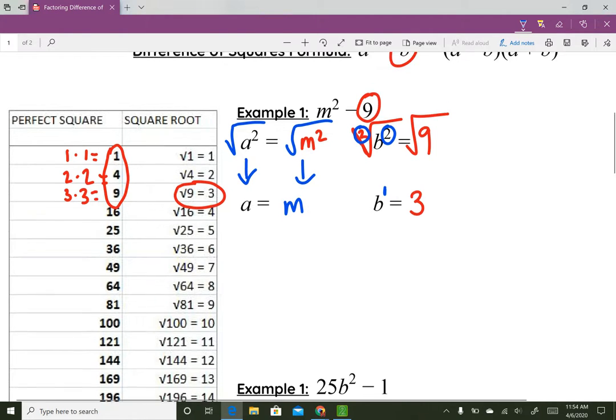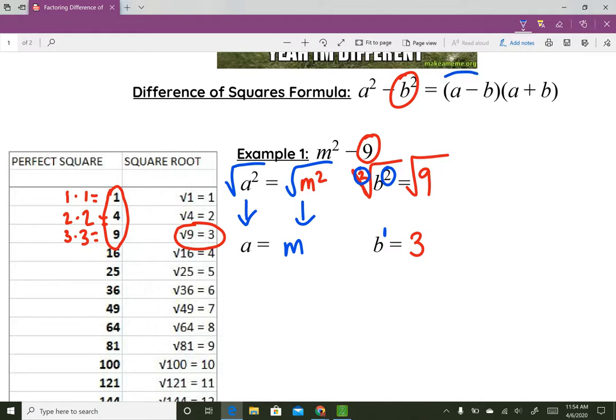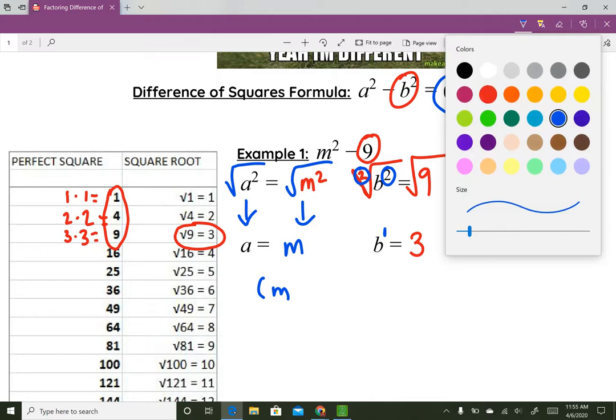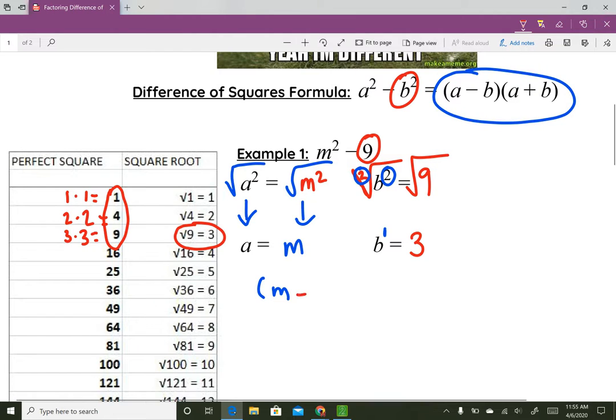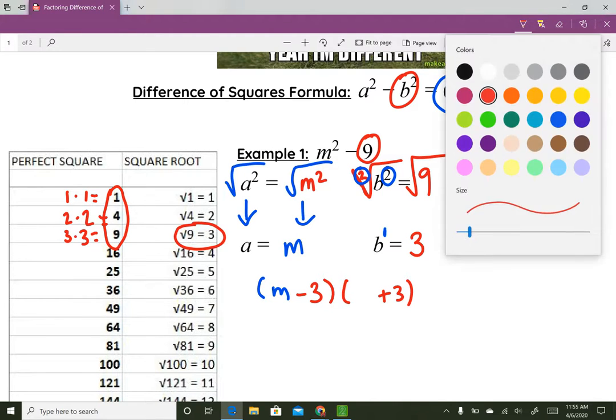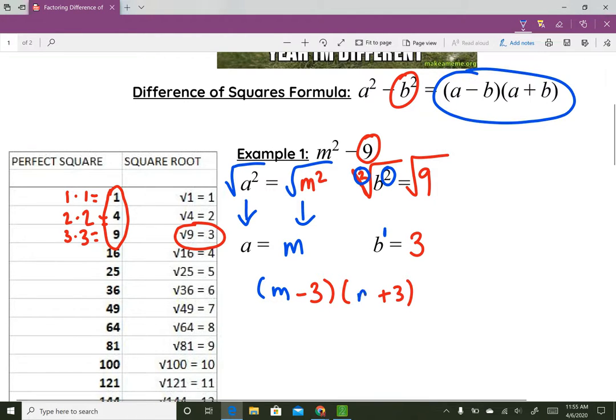Now that I have my a and my b, I just have to plug them into the equation up top. So a is m, b is 3, but I need a minus and I need a plus. The m doesn't change. And if you look at my original, I had m squared minus 9.